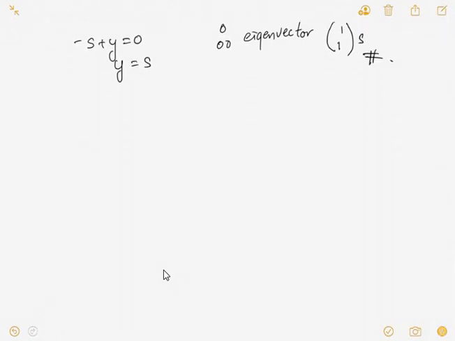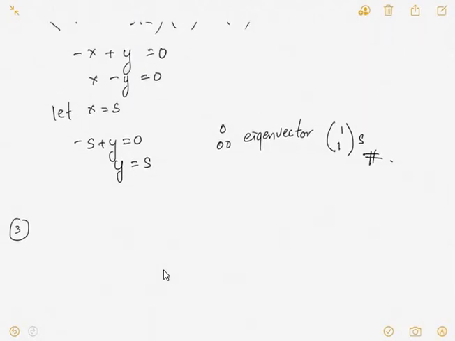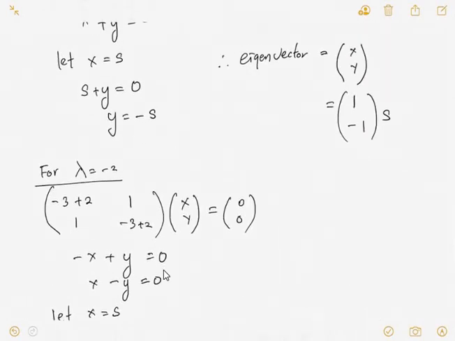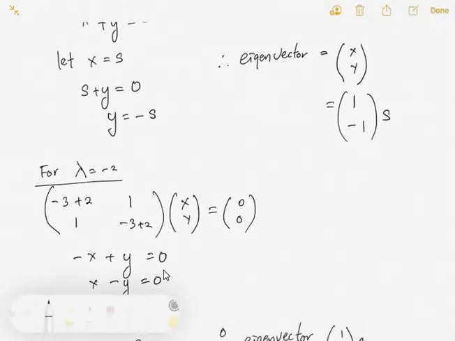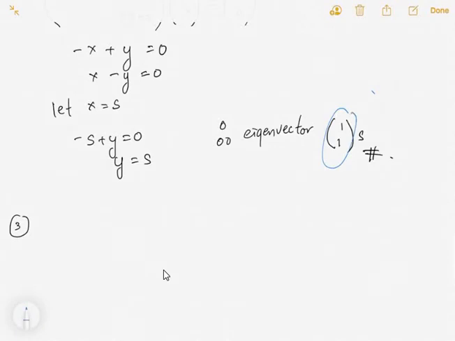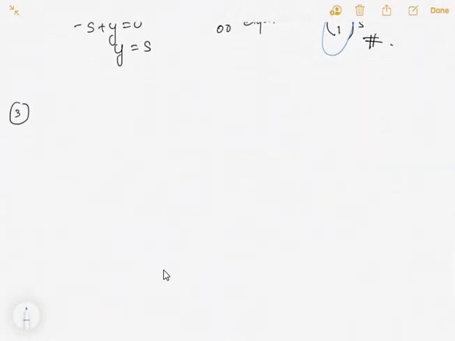The next step is to test whether the eigenvectors are linearly independent or not. The first eigenvector is 1, negative 1, and the second is 1 and 1. So you test 1, negative 1, 1 and 1, to see whether the eigenvectors are linearly independent.